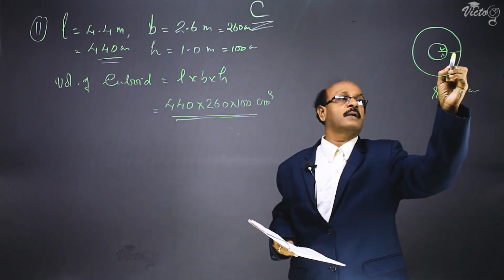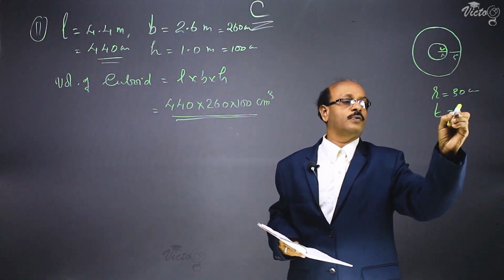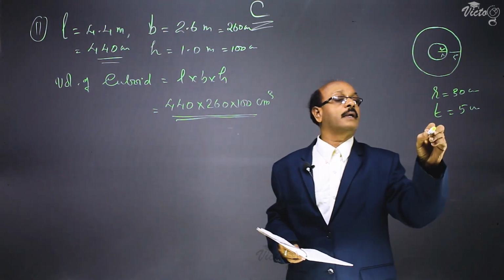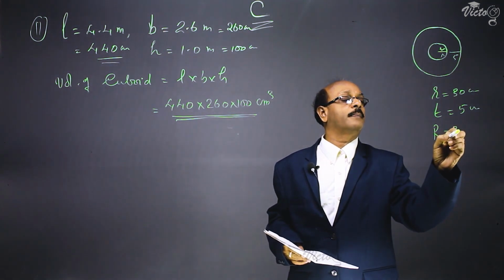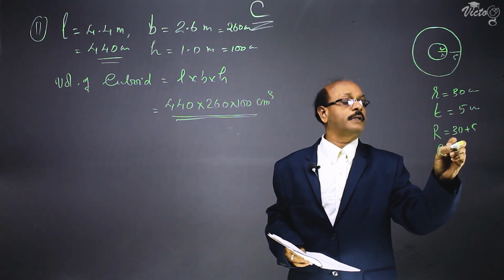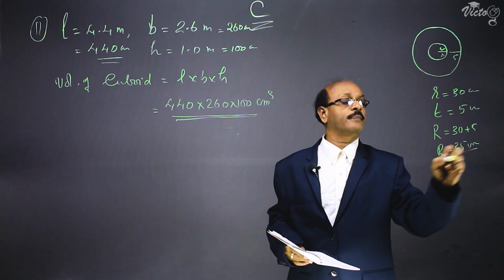T is equal to 5 centimeter. Therefore, radius of the outer circle, capital R, is equal to 30 plus 5. Capital R is equal to 35 centimeter.